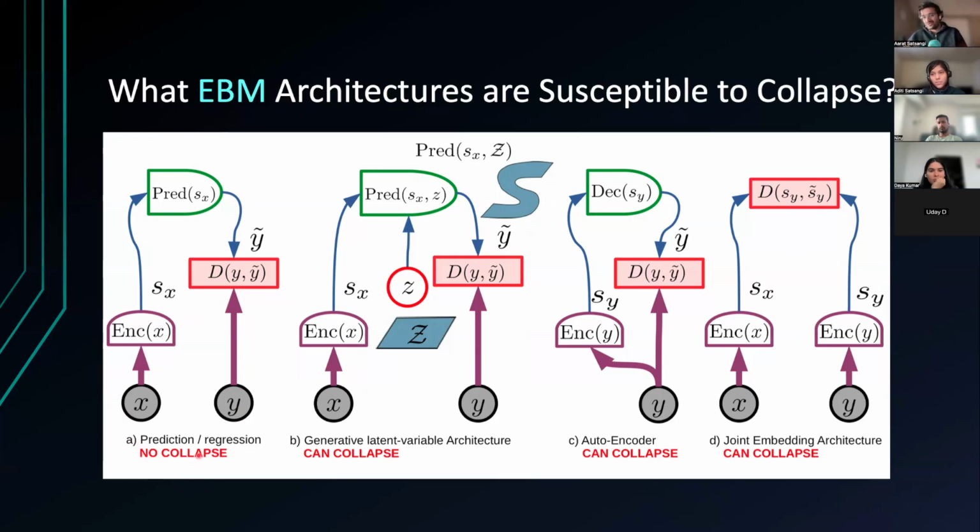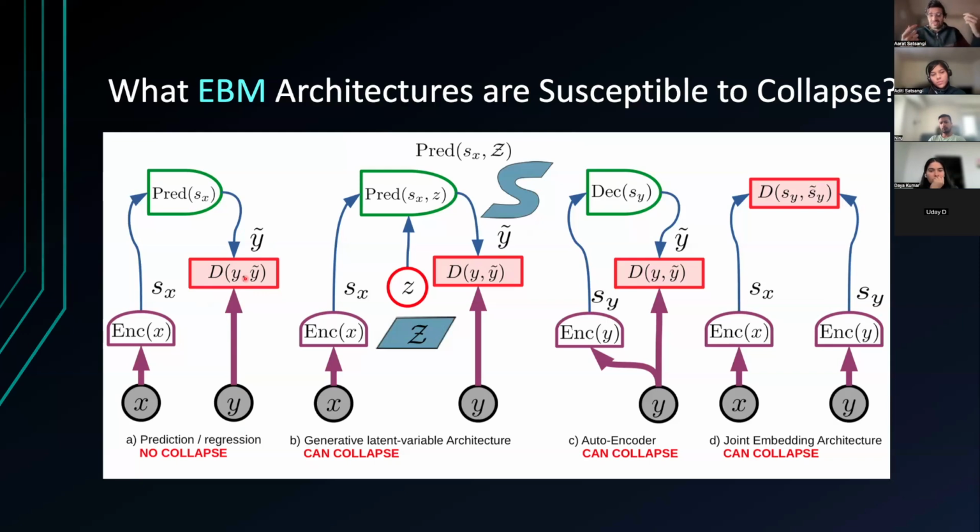Why? You're doing the exact same thing: X goes to an encoder and then a predictor, and then you are comparing directly with the Y part of it. There won't be a collapse in this case because you're not converting Y to anything.